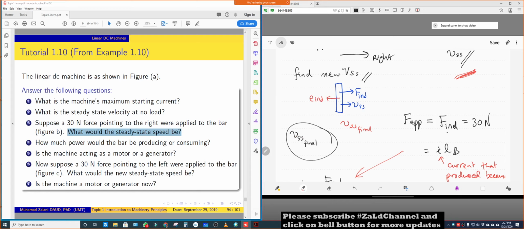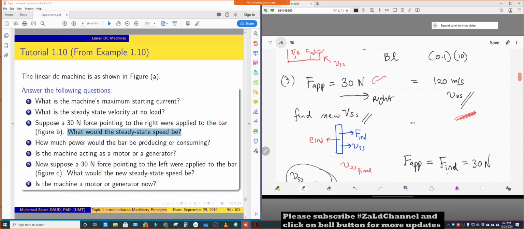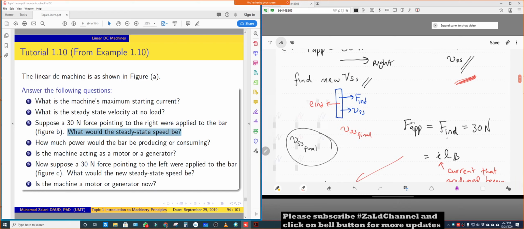Once it achieves the steady state speed, meaning that now the induced force equals the induced voltage. Okay, we already know that. So now for question number 3, what happened is we apply another force toward the right direction.